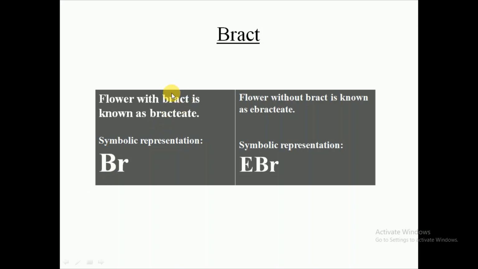A bract is basically a reduced leaf present at the pedicel. If it is present we call it bracteate, and if it is absent we call it ebracteate. This is the symbolic representation for bracteate, and this one is for ebracteate.